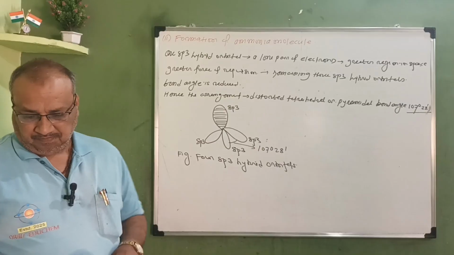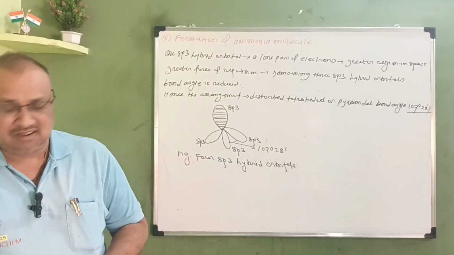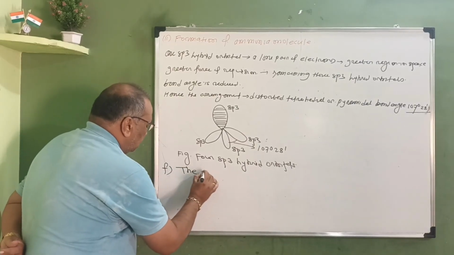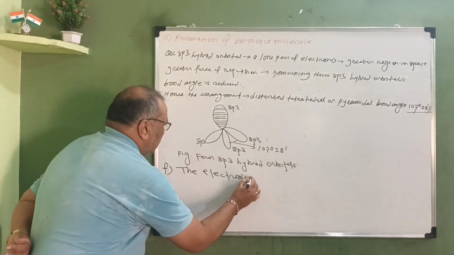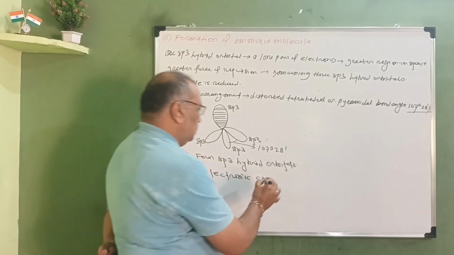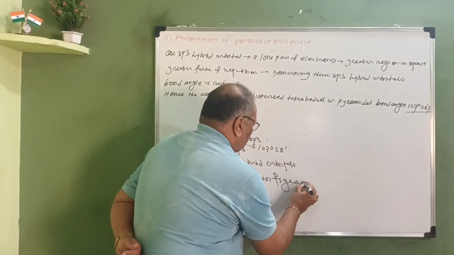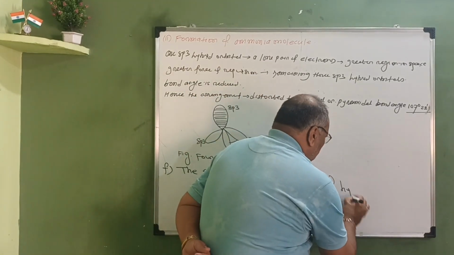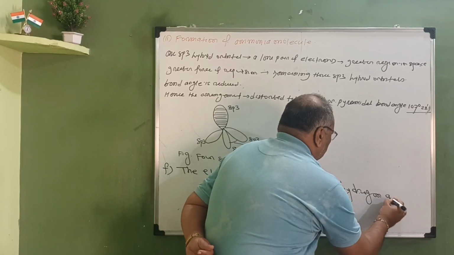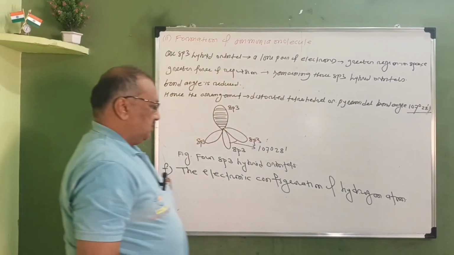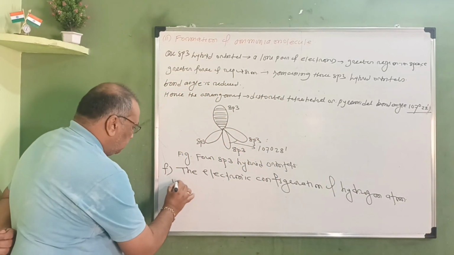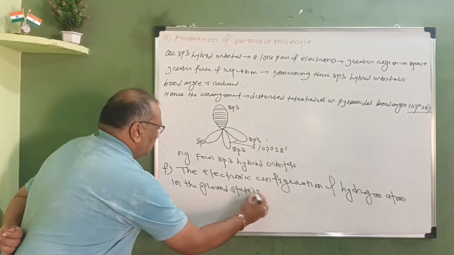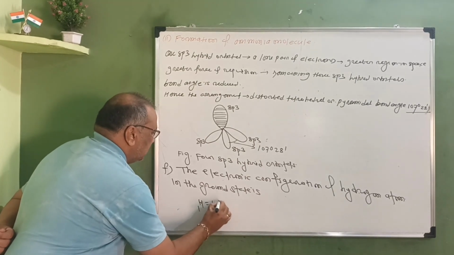Now here write down the electronic configuration of hydrogen atoms in the ground state, that is H1s1.